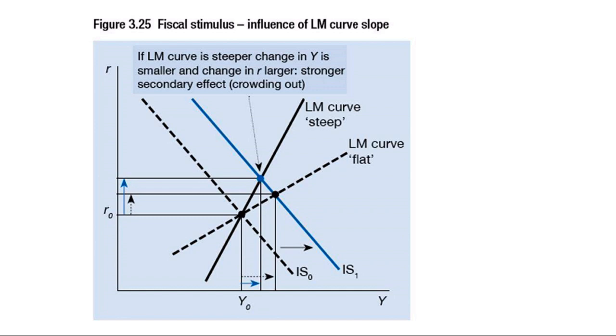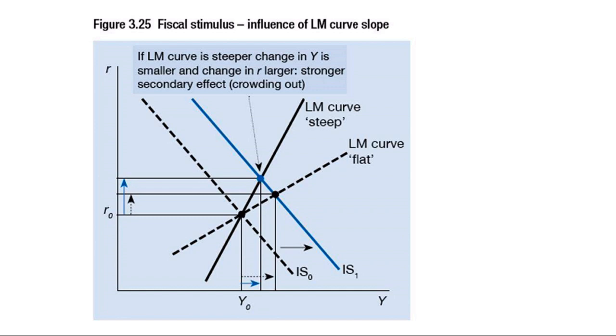You can see, let's start over here, where we have the relatively flat LM with equilibrium at this point. If the LM curve is relatively flat, you have a large increase in output associated with that increase in government spending, and the increase in interest rates is not particularly high.